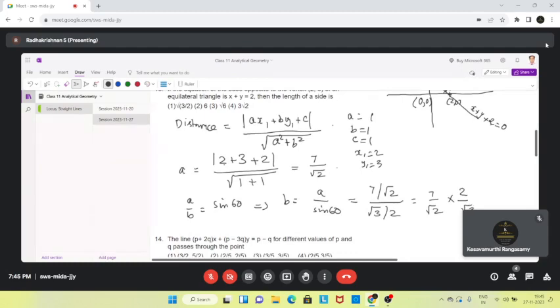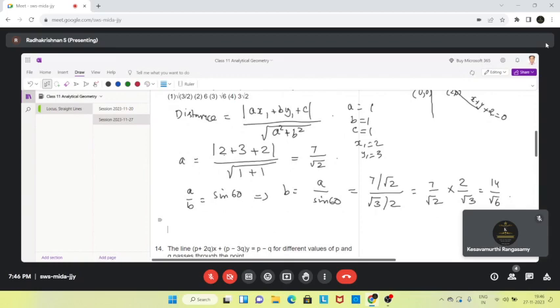So this gives us the 2 by root 3. So 14 divided by root 6. Is there an option like that? No. Right?